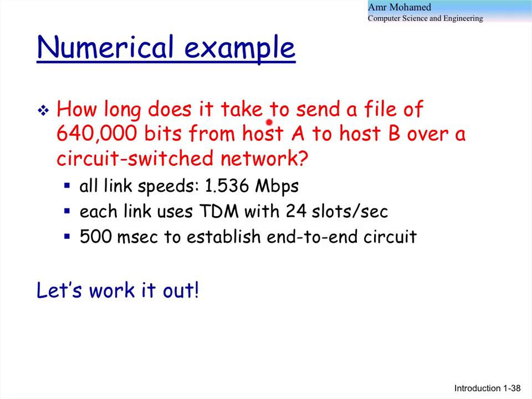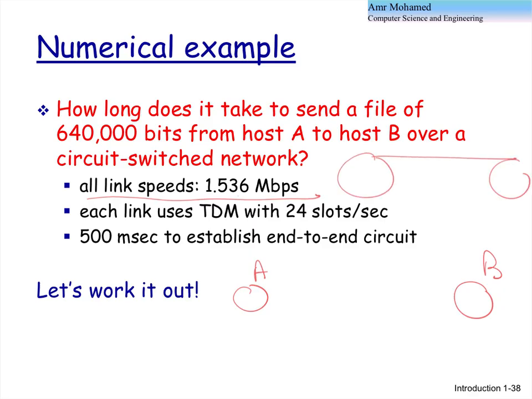So if I give you this exercise: how long does it take to send a file of this length, in bits, from host A to host B using a circuit switched network? The circuit speed is 1.536 megabits per second, but this is the whole pipe, the thickness of the entire pipe.